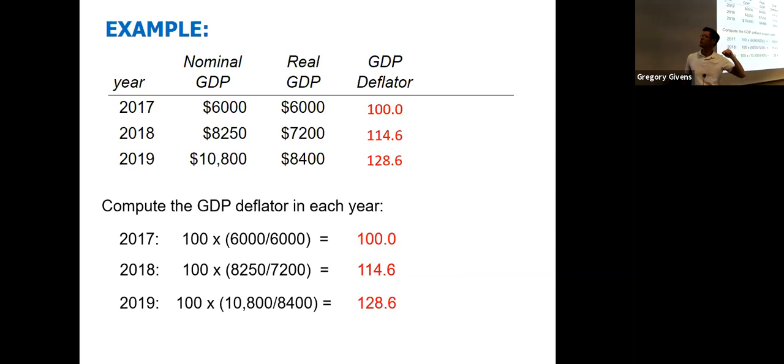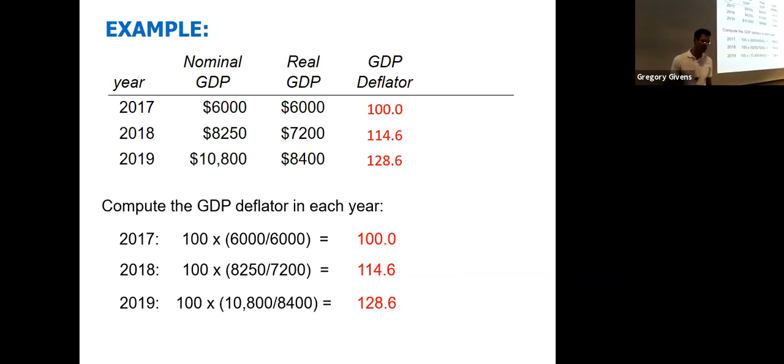The deflator for 2019 is 10,800 in nominal GDP divided by 8,400 times 100, which is 128.6. The deflator is again higher, meaning that prices of goods and services, in our example, pizzas and lattes, have gone up yet again between 2018 and 2019.